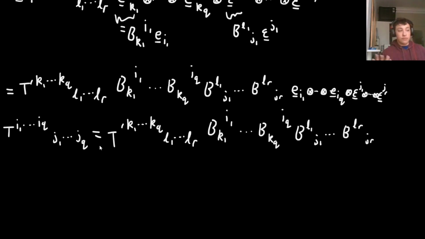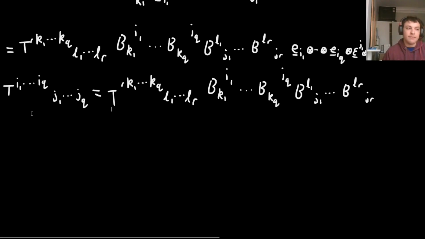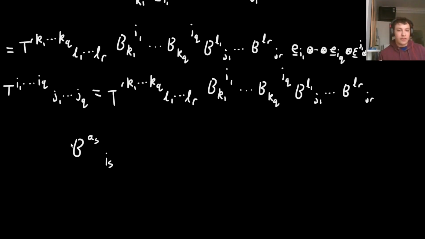Okay, so we've got this. Unfortunately, this is the wrong way around because it's taking us from the primed to the unprimed, but we want to start with the unprimed because that's what we originally had, and then we updated our basis. So we just go through and we update. So if we stick in a factor B_{AS}^{IS} in front of both sides and sum it up, then on this side it's just going to be a B_{A1}^{I1}, let's say, in front of this.